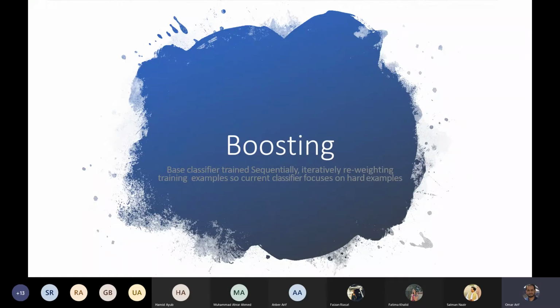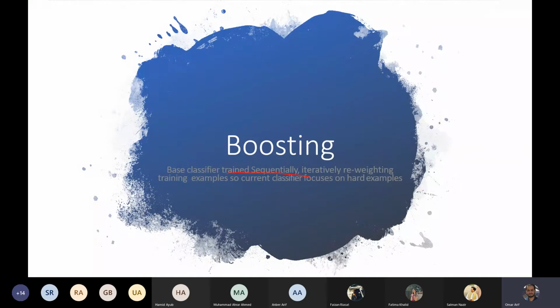In boosting, the base classifiers are trained sequentially, and we use the whole data set, rather than creating multiple overlapping training sets.